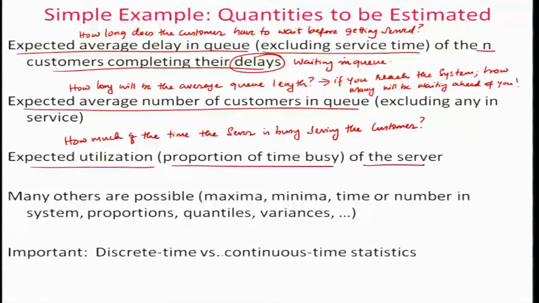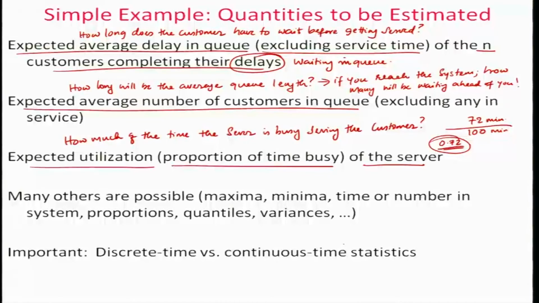So, if the simulation time is 100 minutes and the server was busy for 72 minutes, then it is 0.72, or 72% of the time the server is busy, and the rest of the time the server is idle, waiting, because there is nobody there to get the service.